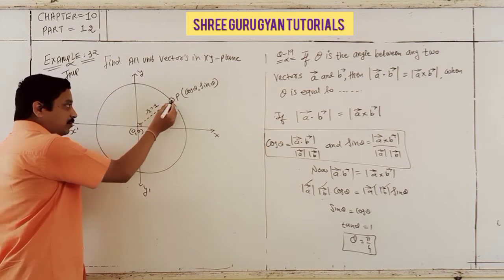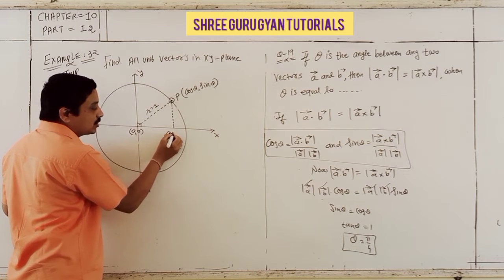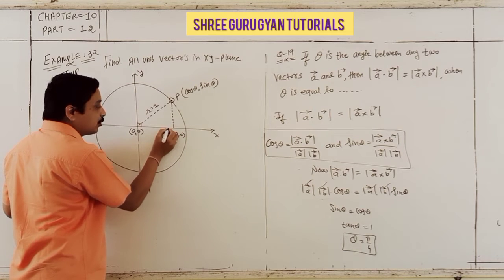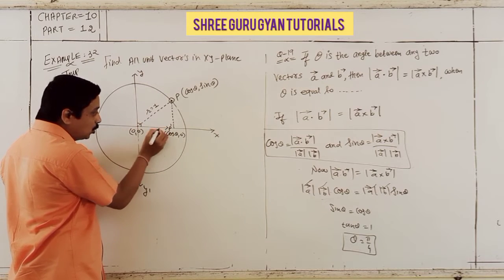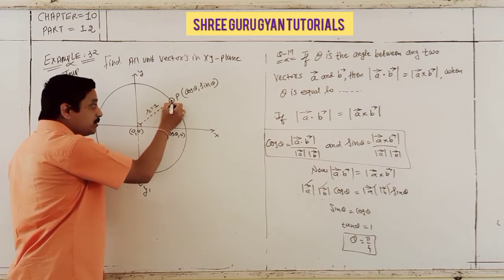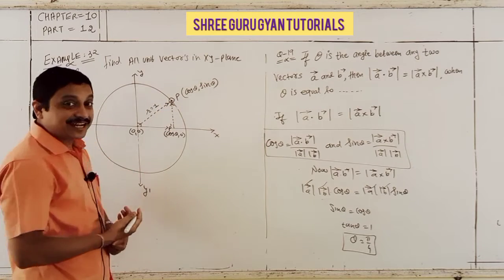Students, you will check here the perpendicular. Exactly, here the point is cos theta comma 0. That point is P dash, and in this direction O to P dash plus P dash to P is equal to O to P. Yes, that is the triangle property.